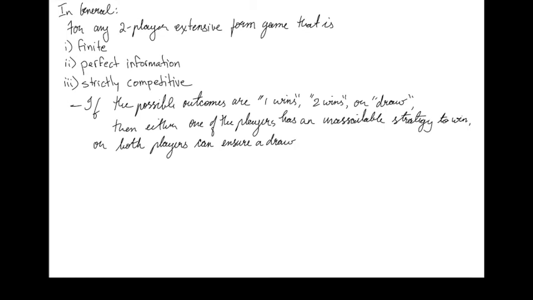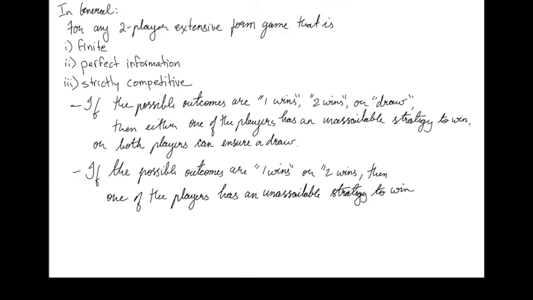If the possible outcomes, like in Tic-Tac-Toe, or in chess, or in many other games, are that either player 1 wins, player 2 wins, or it's a draw, then either one of the two players has an unassailable strategy to win, and what I mean by that is a strategy that is guaranteed to win, or both players can ensure a draw.